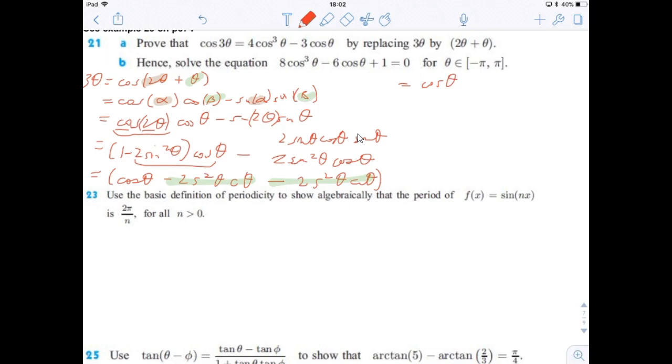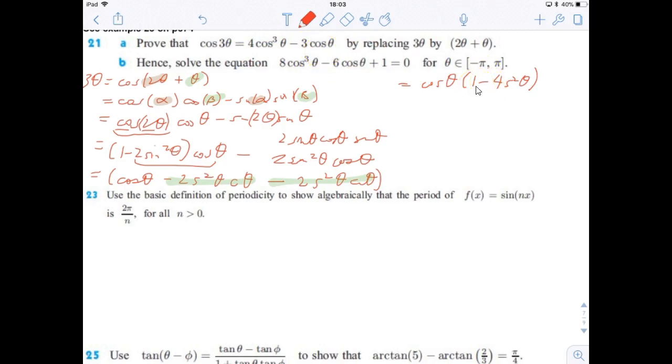So now I'm going to factor out the cosine theta, and then I'll have 1 minus 4 sine squared theta, and that's it. Okay. Look at my target. I want to get 4 cosine cubed theta minus 3 cosine theta.